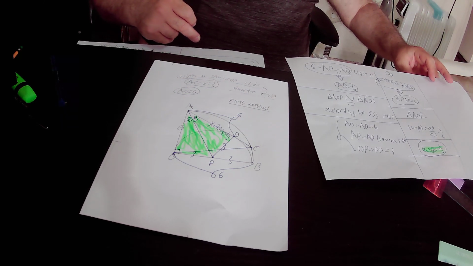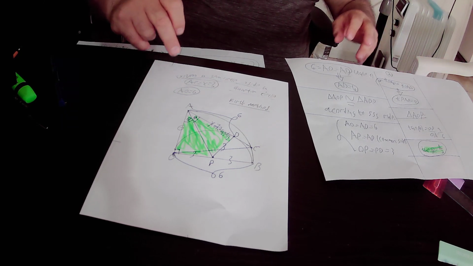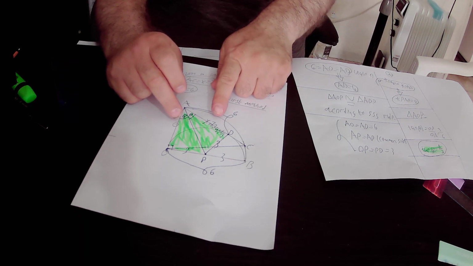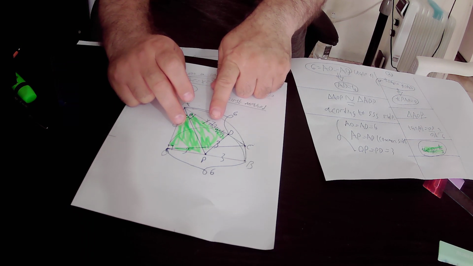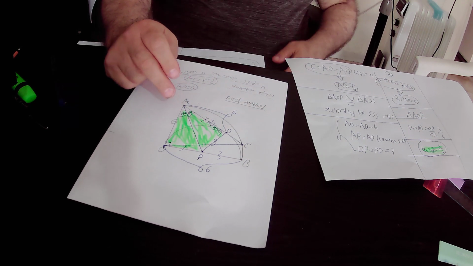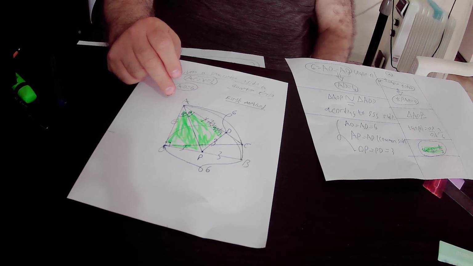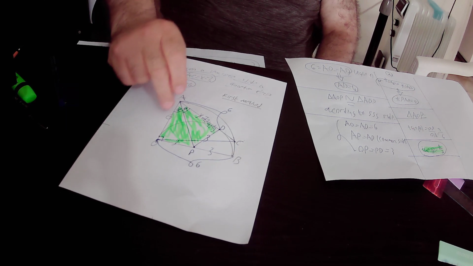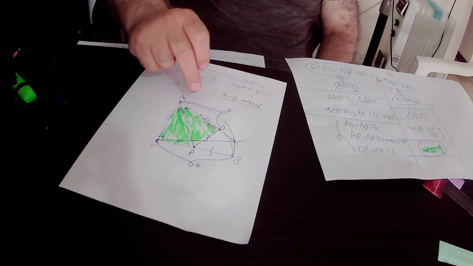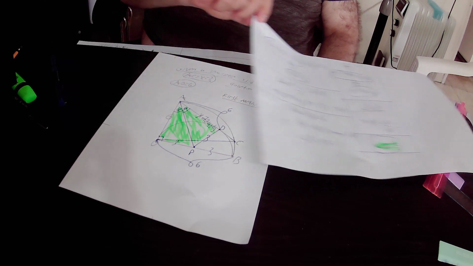Then we proved that those two right triangles are congruent according to the side rule. Why are they congruent? Because AO equals AD, they are both equal to 6 units.